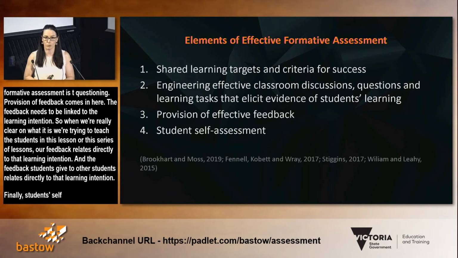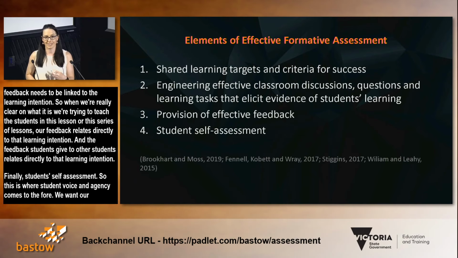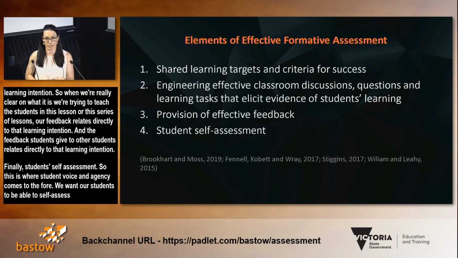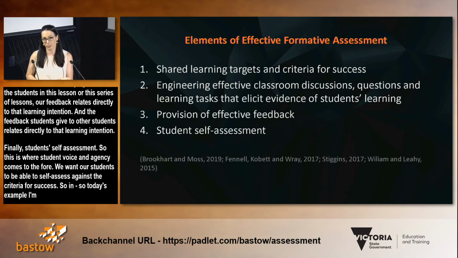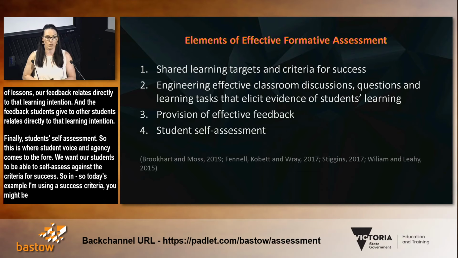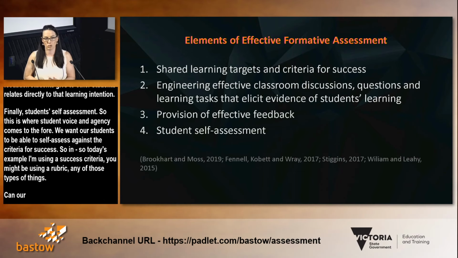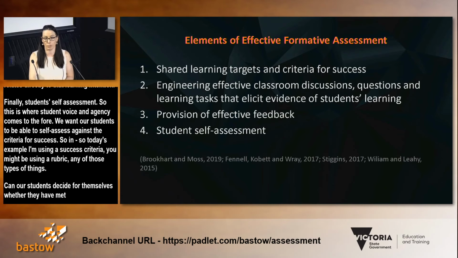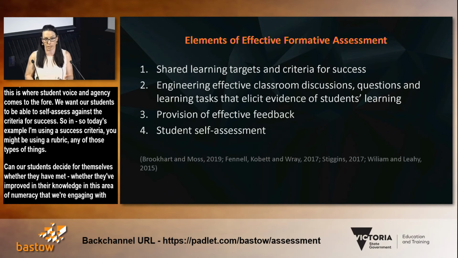Finally, student self-assessment. So this is where student voice and agency comes to the fore. We want our students to be able to self-assess against the criteria for success. So in today's example, I'm using a success criteria. You might be using a rubric, any of those types of things. Can our students decide for themselves whether they've improved in their knowledge in this area of numeracy that we're engaging with today?